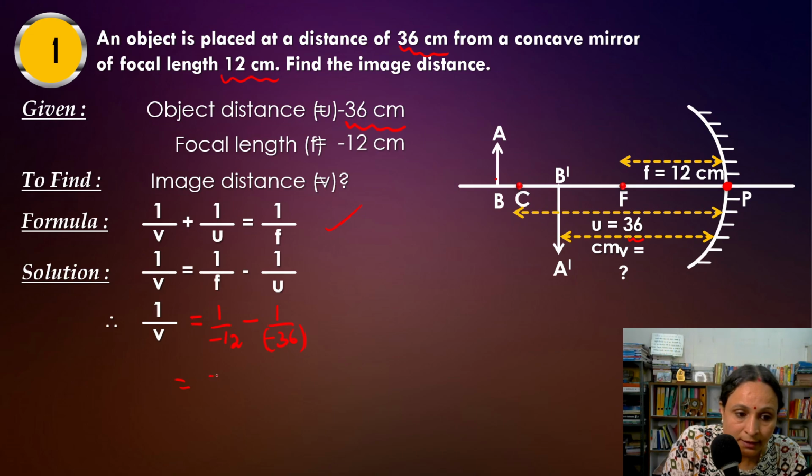It's minus 1 by 12 plus 1 by 36. The LCM is 36, so it's minus 3 plus 1, which is minus 2 by 36, equal to minus 1 upon 18. So V is equal to minus 18 centimeters. This is your answer.